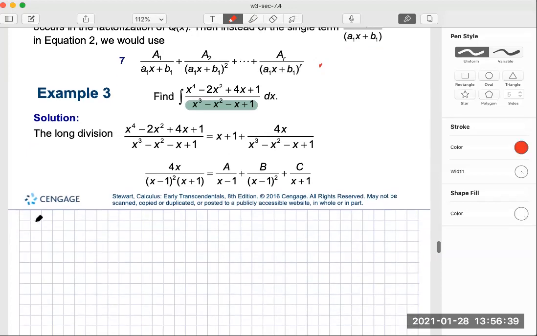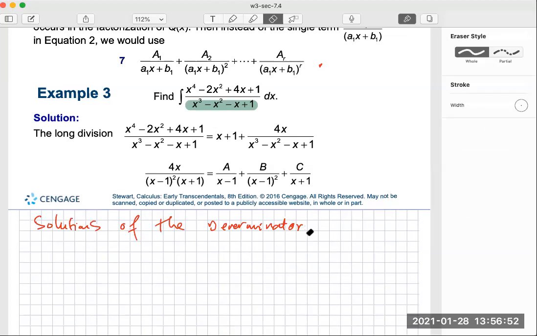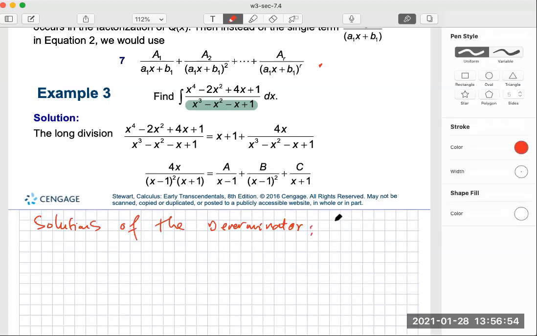You try if the solution of the denominator is plus or minus 3, plus or minus 2, plus or minus 1, or 0, if any of them is a solution of this.